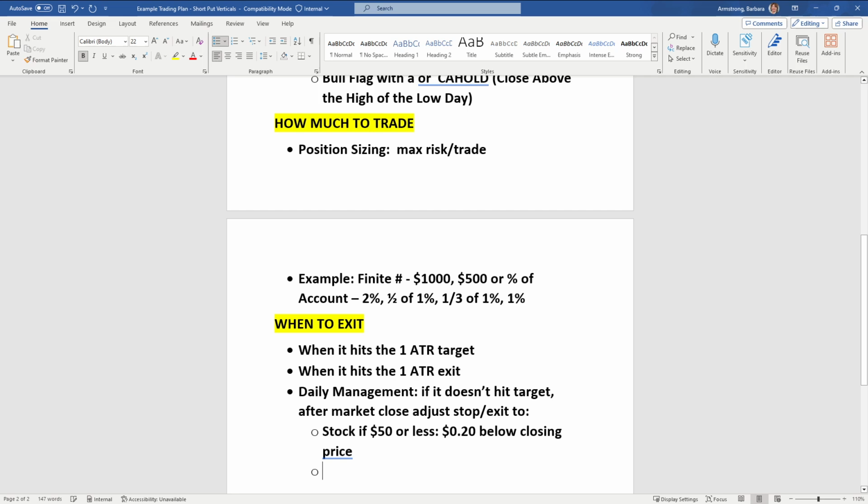And then you might say, well, if the stock is, sorry, my typing skills are modest here. If the stock is between 50 and 100, then you'll make it, let's say, 50 cents below.